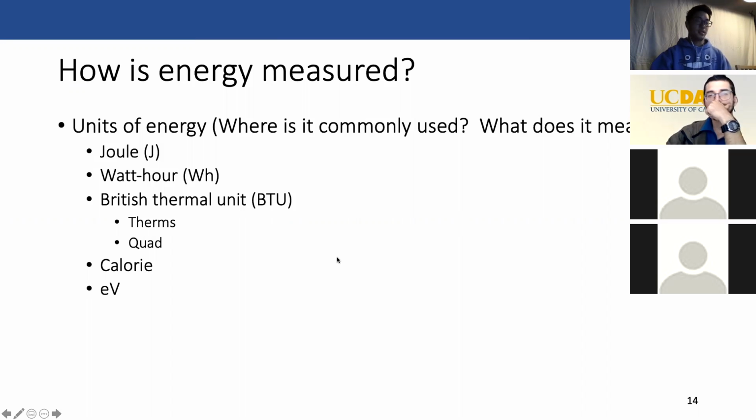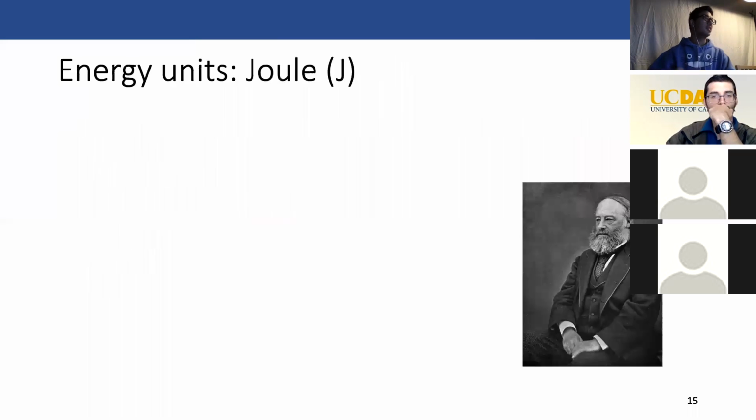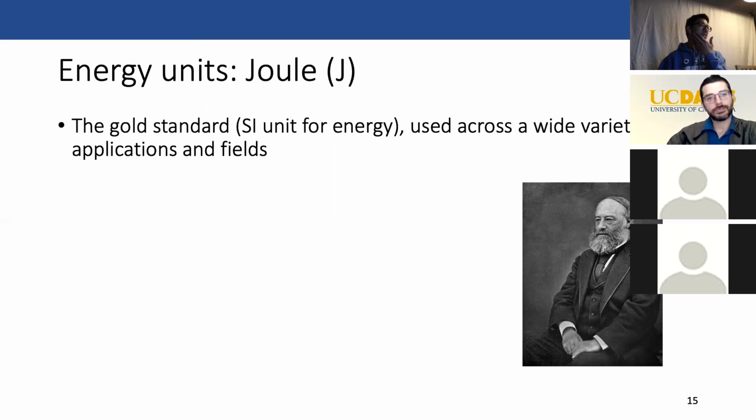Okay, so starting off with joules. This is the most common way of talking about energy. It's the gold standard, right? These are the SI units for energy, and we use joules across a wide variety of applications and fields, so in physics, chemistry, and biology.